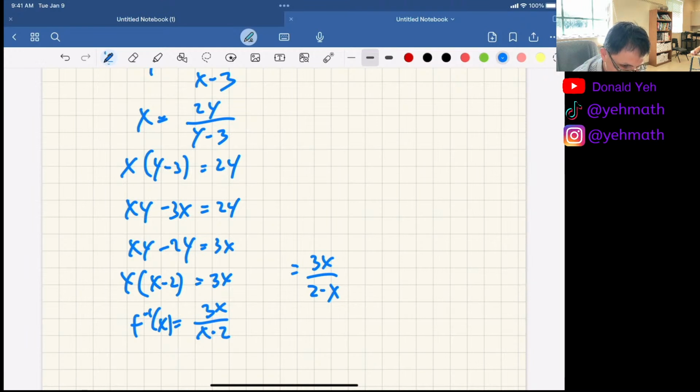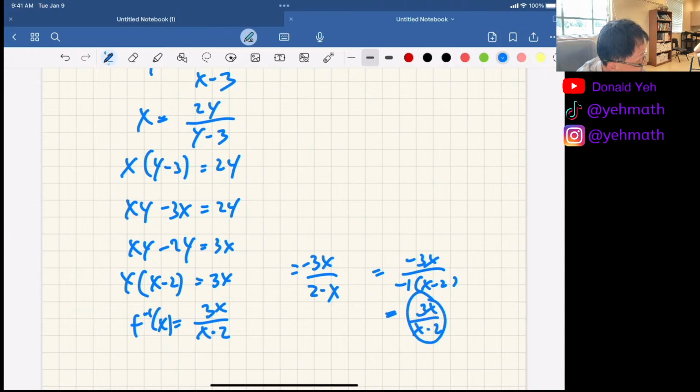They have the same answer. If you take out a negative 1 on the bottom... no, hold on a second, you might have negative 3x. So if you factor out negative 1 times x minus 2, this negative will cancel out, so it's the same answer.